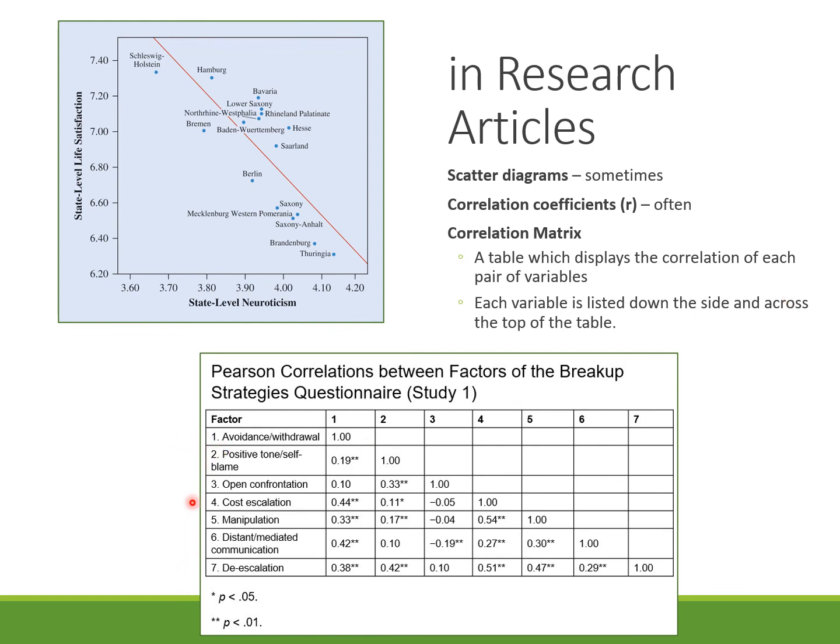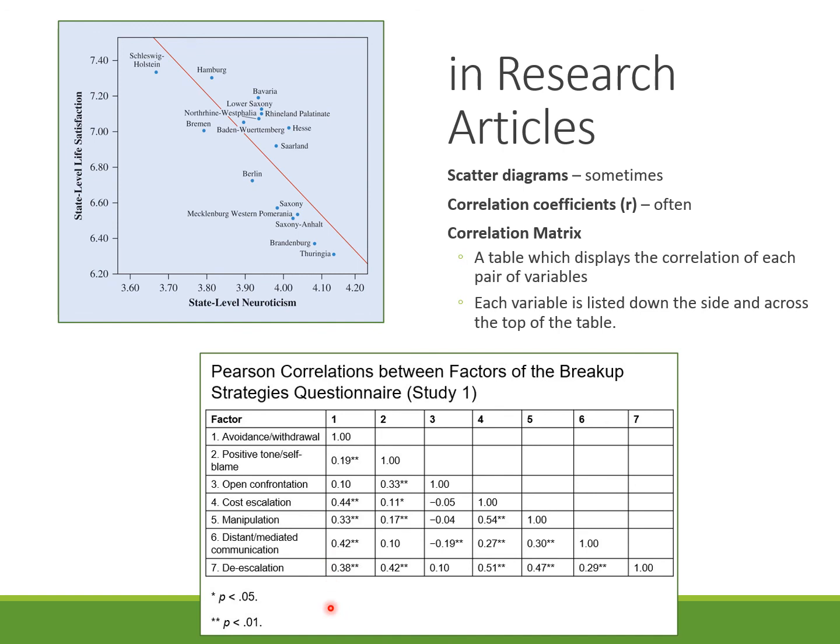So here's 1, 2, 3, 4, 5, 6, 7 going down, and rather than put the words going all the way across, they just put 1, 2, 3, 4, 5, 6, 7 going across. So this would be avoidance withdrawal, and correlated with avoidance withdrawal, notice it's a 1 and a 1 and a 1 and a 1 going all the way down, because they are going to be perfectly correlated with themselves. They're also going to do the correlation matrix only in half, because the other half would be exactly the same.